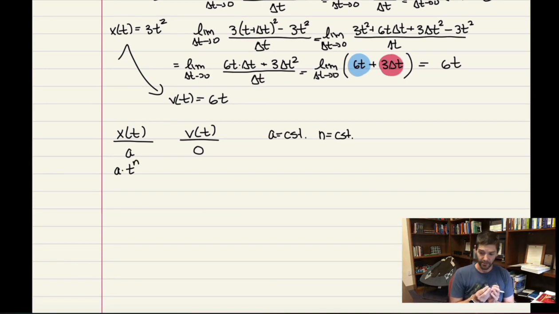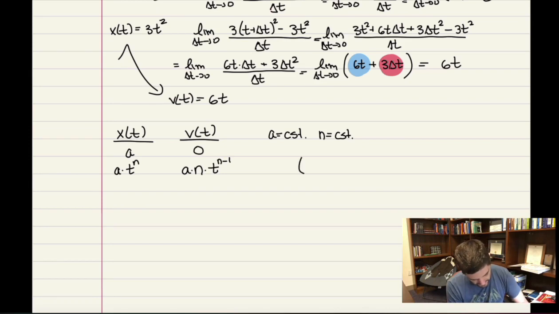Now what if I have some polynomial term? So I have some number times t to some power. So 3 times t squared we saw above, 3 times t, negative 6 times t to the 4th power, or any of these sorts of examples. What happens is the overall constant just goes along for the ride, so a still follows through, but what happens to the derivative of the t to the n power, where again n is just a number like 2 or 3 or negative 6, is that the n drops down, and then you get t not to the n but to the n minus 1 power.